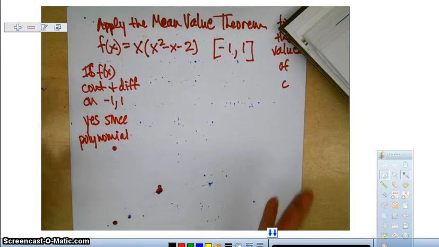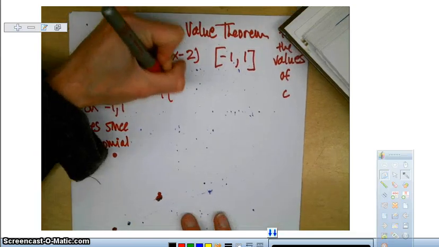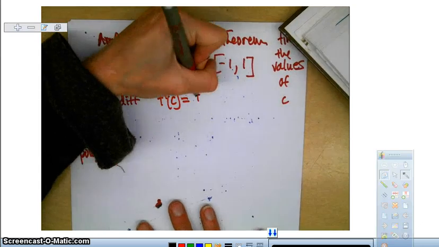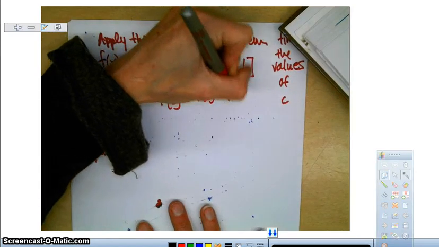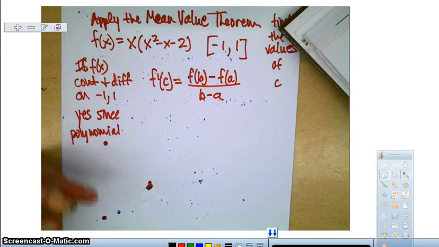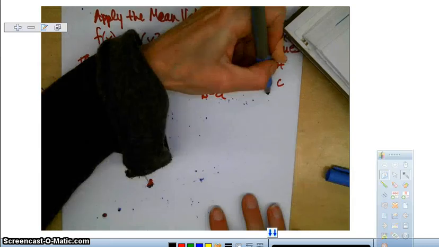Okay, all right, so now we can apply the mean value theorem. I write the mean value theorem, which says f prime at c is equal to f of b minus f of a all over b minus a. Here's what it's going to look like when you do it. Your c is going to be x.